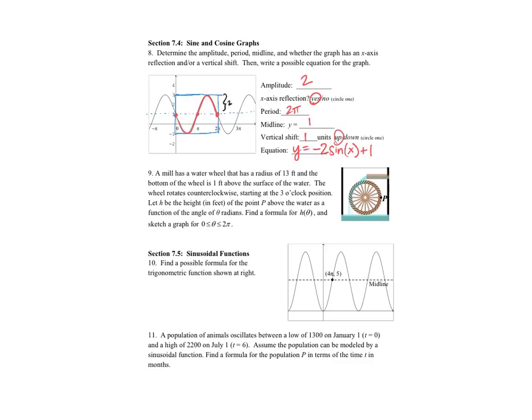Okay, so I can see that the minimum value of P, the minimum height above the water, is when it's at the very bottom. It says that the bottom of the wheel is 1 foot above the surface of the water. So the minimum height is 1 foot. And what's the maximum height?